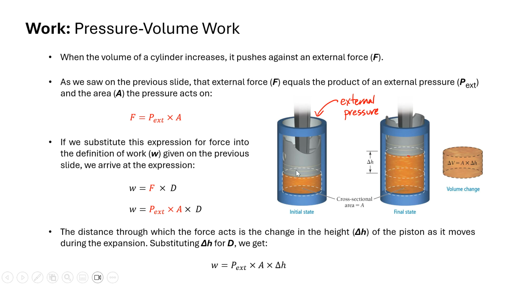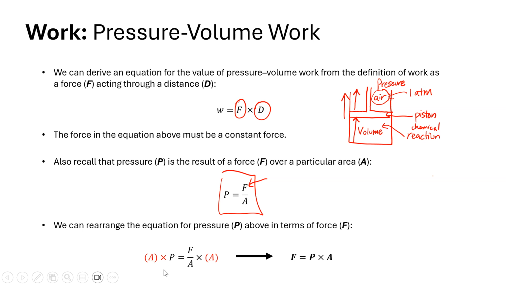Now, we just said that work is force times distance, right? So we define the force as the external pressure times area. We plug that in, and now we get work is equal to the external pressure times A, area, times the distance D. We're not doing anything crazy, guys. We just took the force in the work equation and replaced it with pressure times area, because we got that from over here.